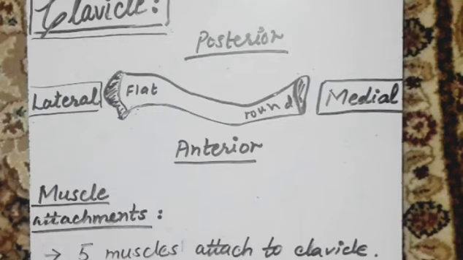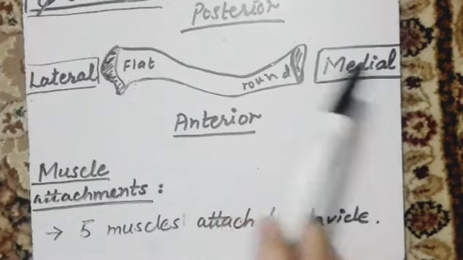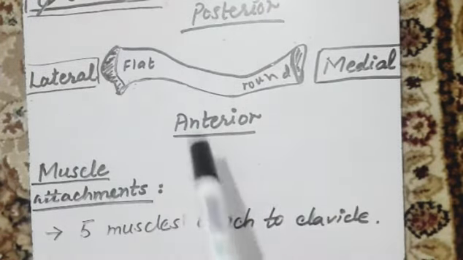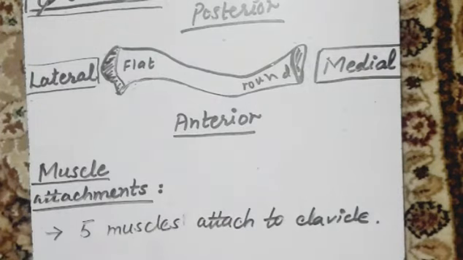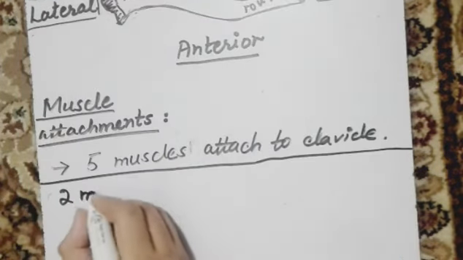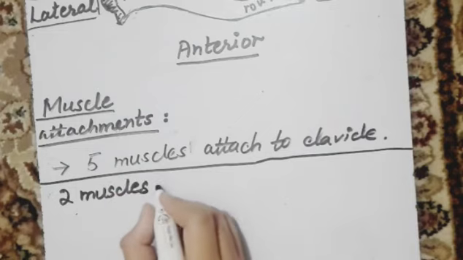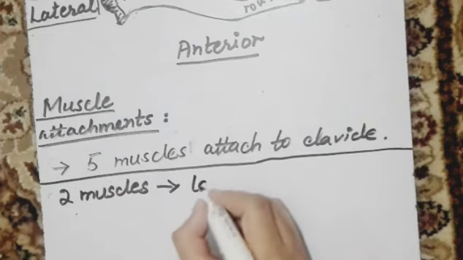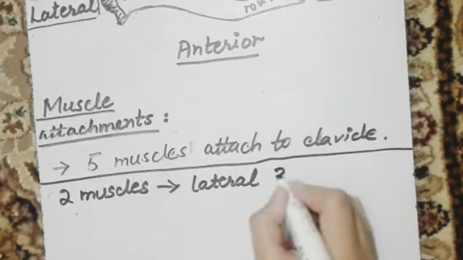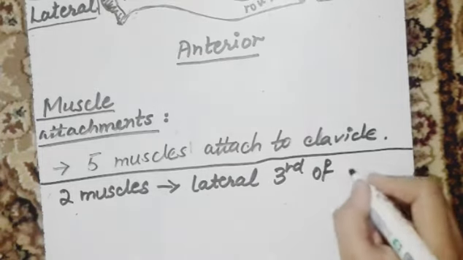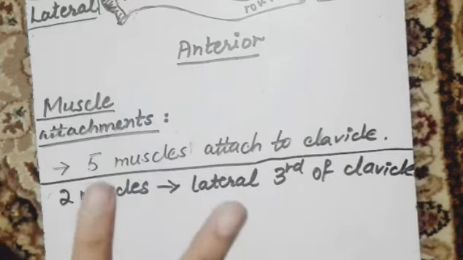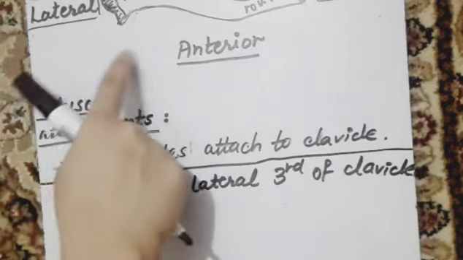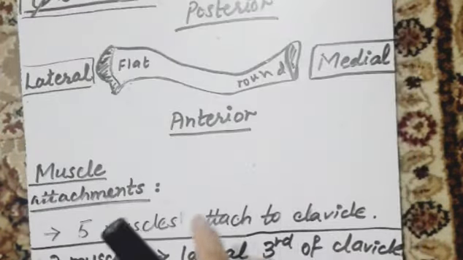Muscle attachments. There are a total of 5 muscles that attach to the clavicle from medial or lateral or posterior or anterior sides. That depends on the muscle actually. So there are 2 muscles that are attached to the lateral third of the clavicle. The lateral third is this part.